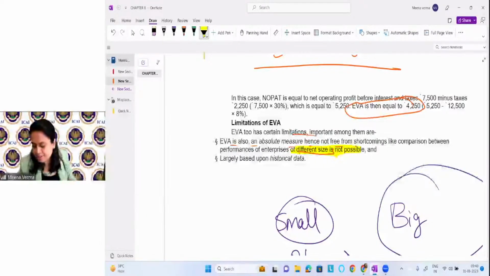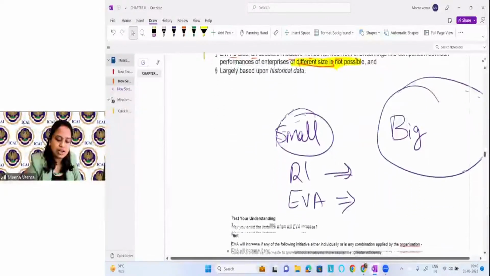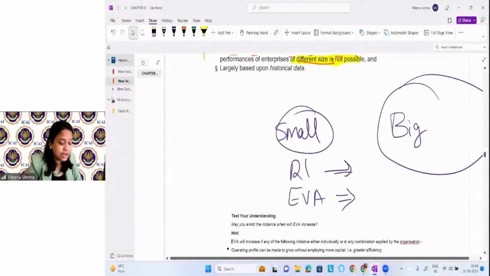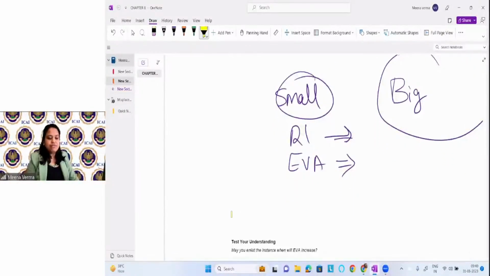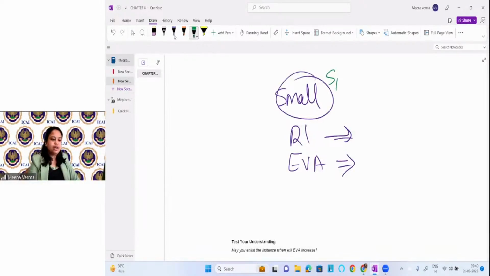If one organization is very big and one of the organization is very small, it will not give you the right decision, right result. So this is what mentioned here. Again, for both ROI, RI and EVA, you will not get the right result, that which one is good. But yes, if the organization will be of same size, both are small, S1 and the other one is also small organization, S2.